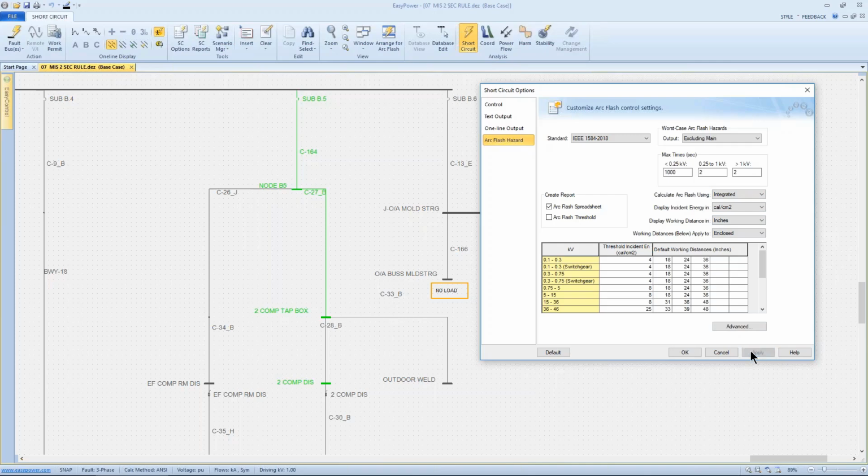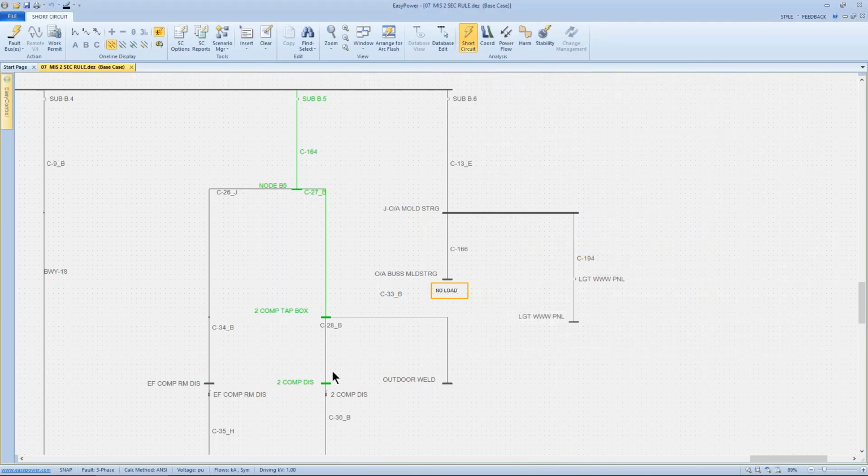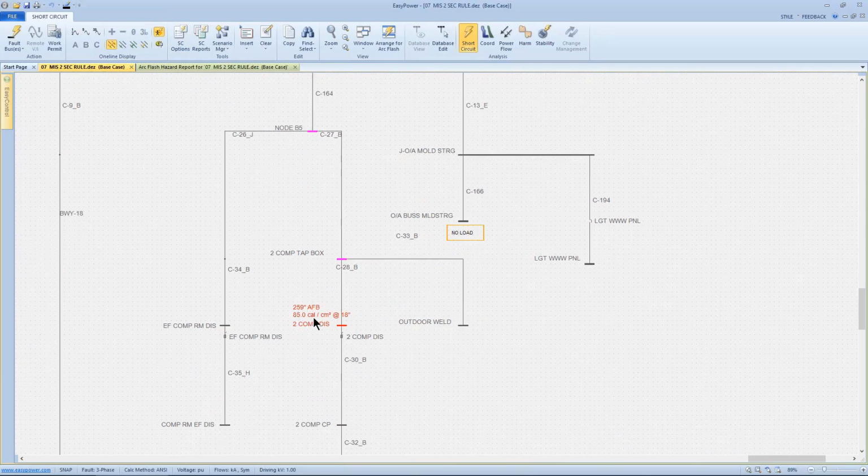Now if we apply this and fault our bus again and look at the current, this is a substantial amount of current, and so it's reasonable to expect high incident energy. Even under the new standard, we're showing 85 calorie exposure.